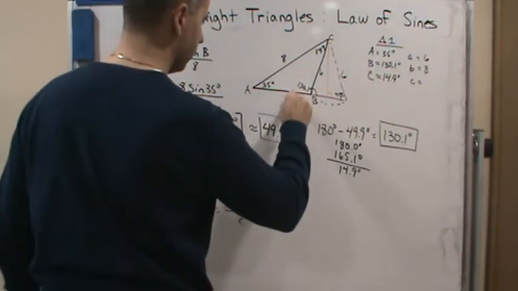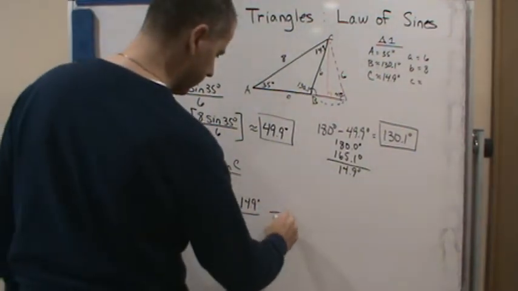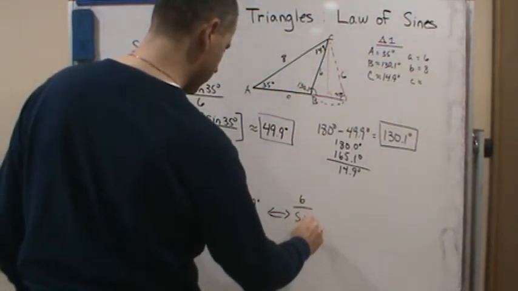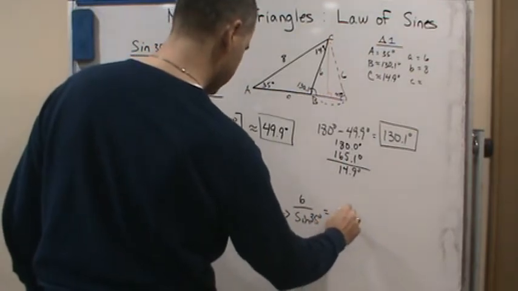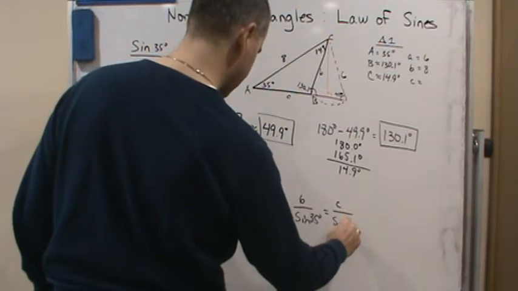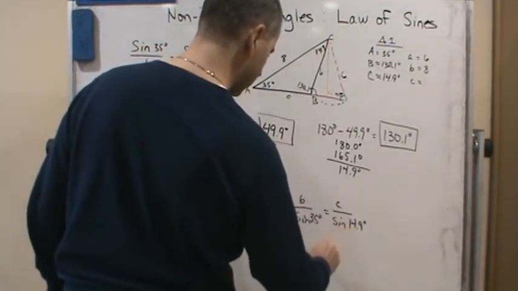And so now I'm going to flip these, right? So this is equivalent to 6 over sine 35 degrees equals C over sine of 14.9 degrees.